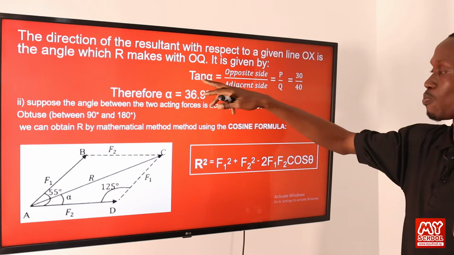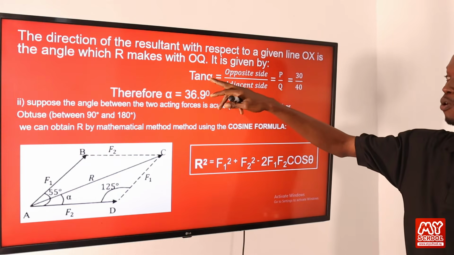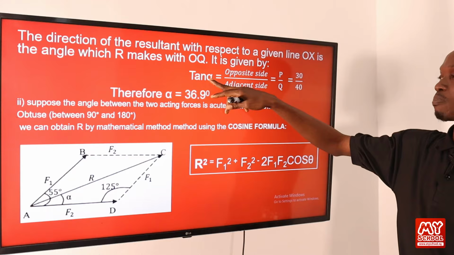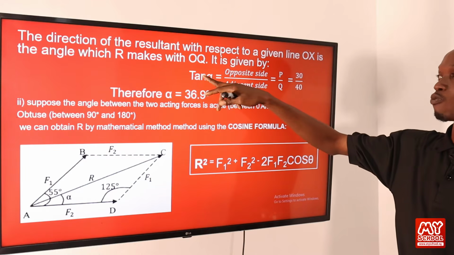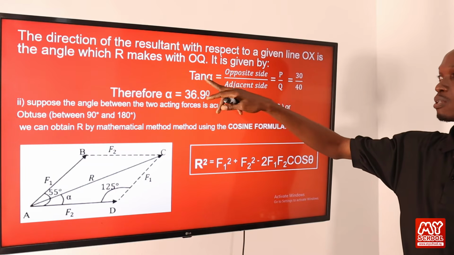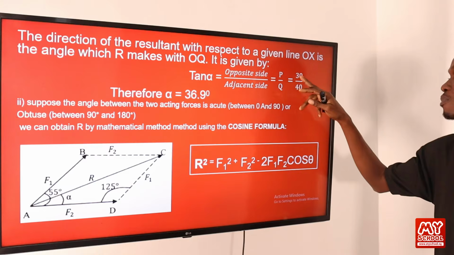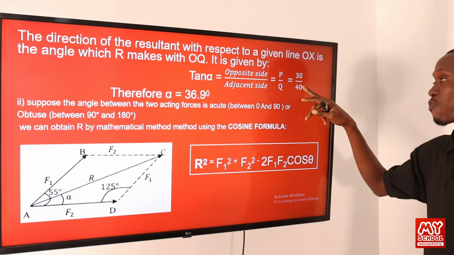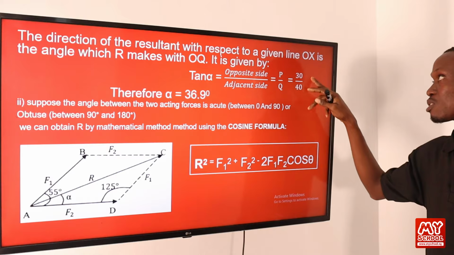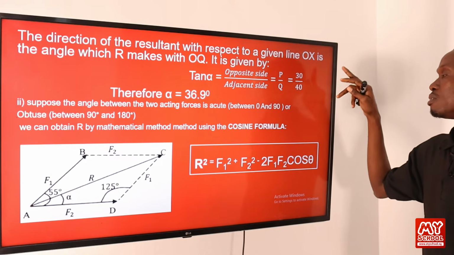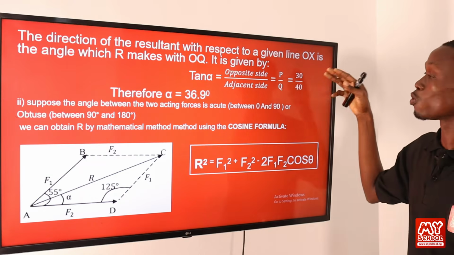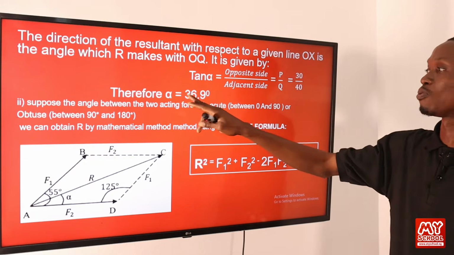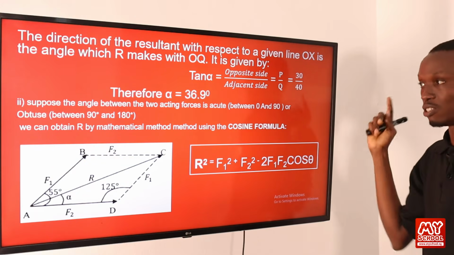So in order to get the value of alpha, in your calculator, you press shift tan, so you look for the tan inverse of 0.75, right? Because this is 3 divided by 4, the 0 cancels 0, so we're having 3 over 4. So 3 divided by 4 is 0.75. So you look for the tan inverse of 0.75, and that will give you 36.9 degrees.